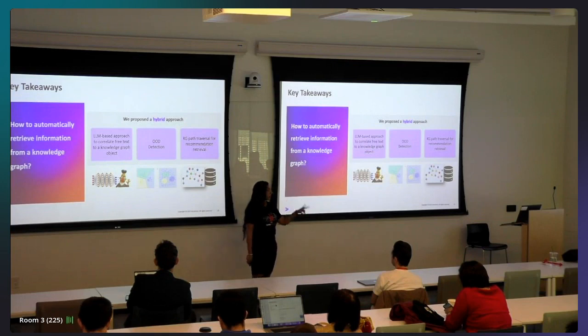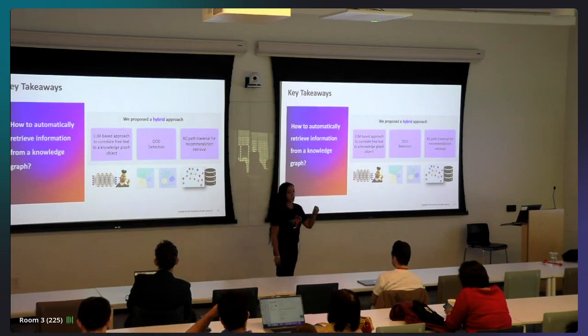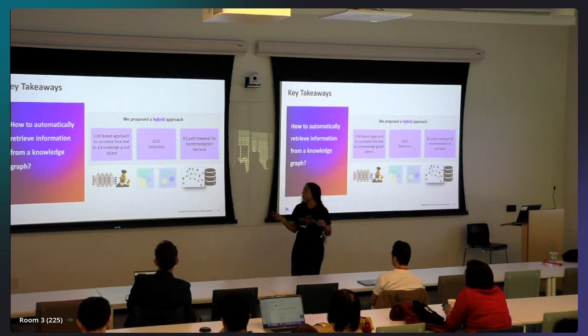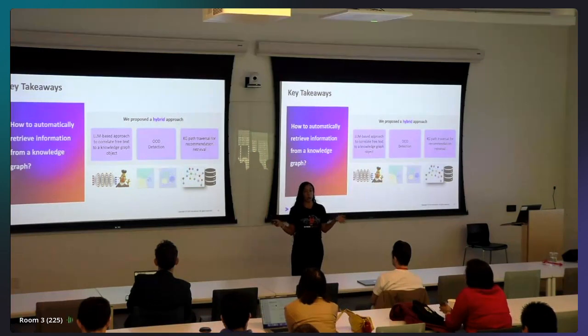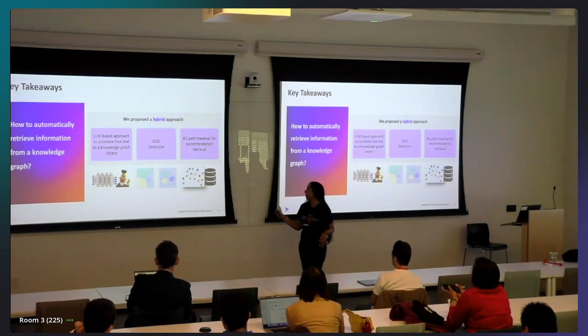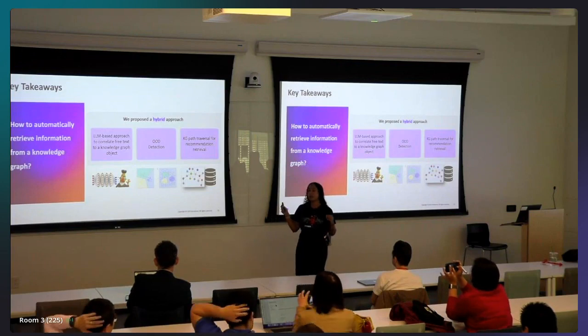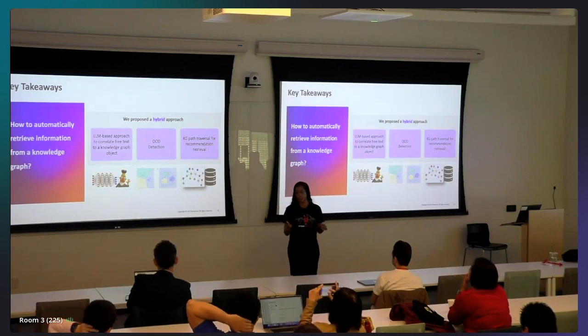The second part is OOD detection, out-of-distribution detection. Remember, not all the text is related to this use case, and we want to filter it out. And the third part is using the knowledge graph and graph traversal to retrieve the specific information.